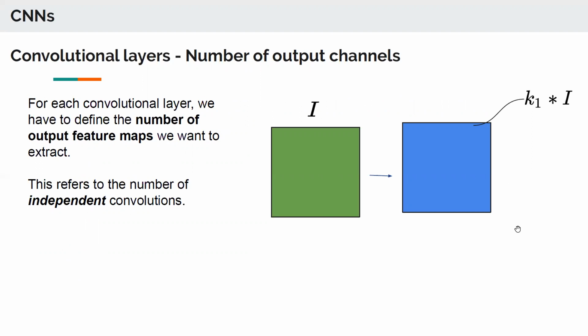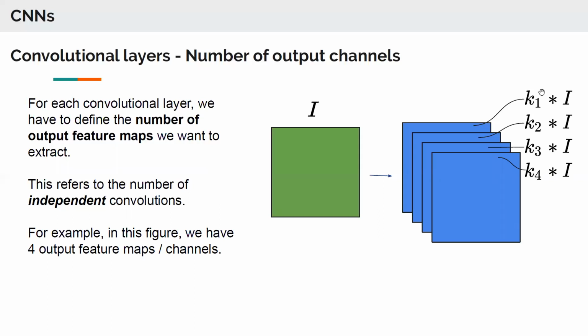But typically what we do is we apply not one, but several convolution kernels here like this. So all these are independent from each other, and they are each applied to the input image. So the input image is convolved separately with each of these kernels, and we end up getting a certain number of output channels, right? So when we define a convolutional layer, we must say, okay, what is the number of output channels that I desire?